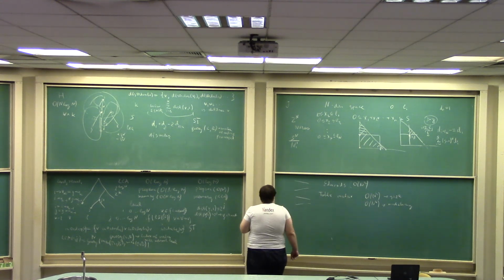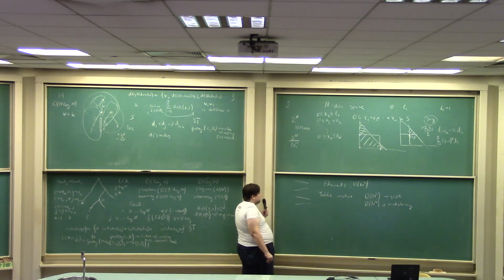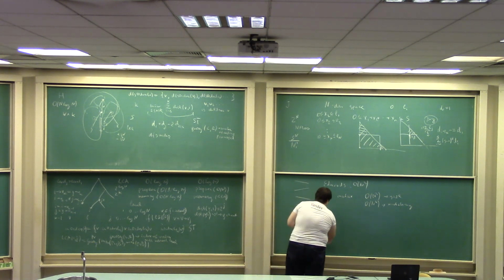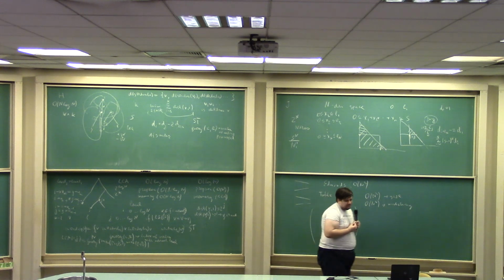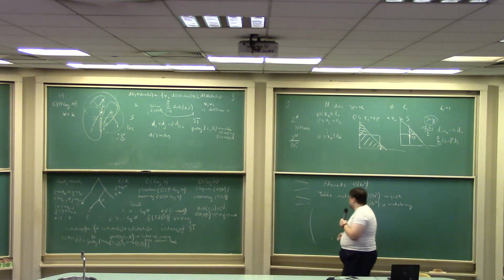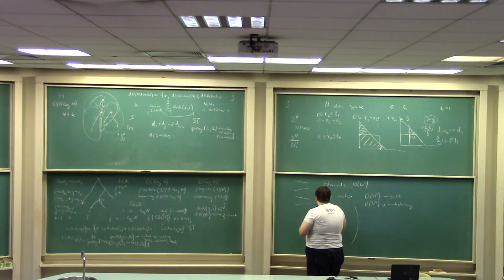For this, we need to first construct a Tutte matrix. What is a Tutte matrix? It has 0 on the main diagonal. Here is the main diagonal.